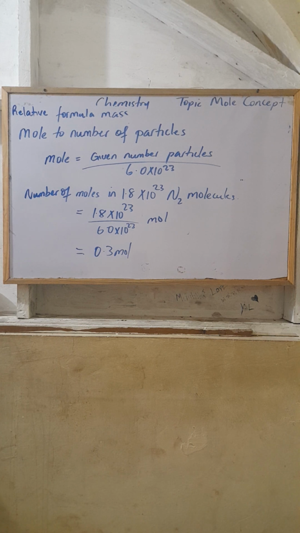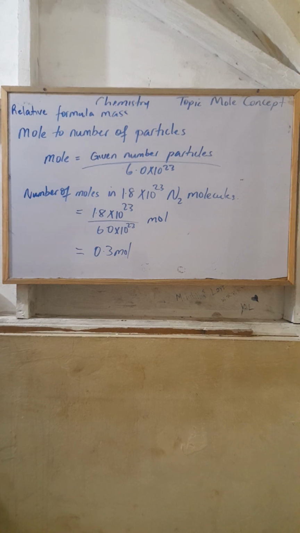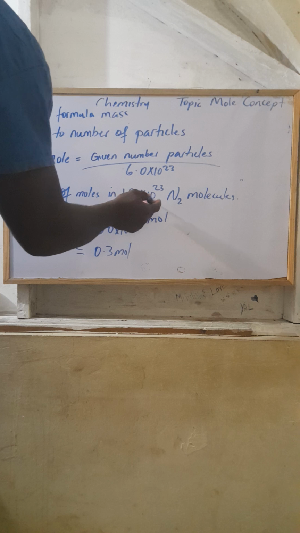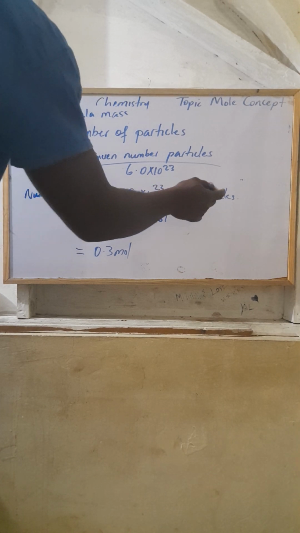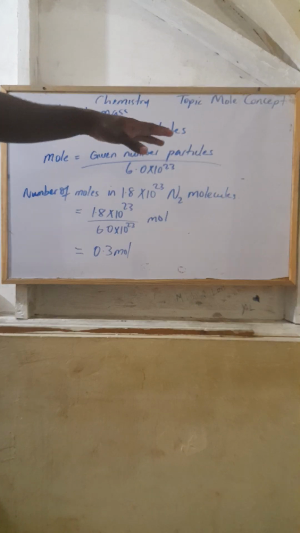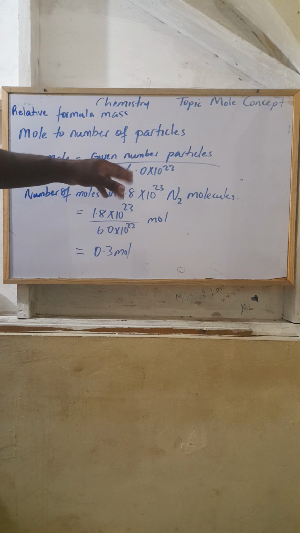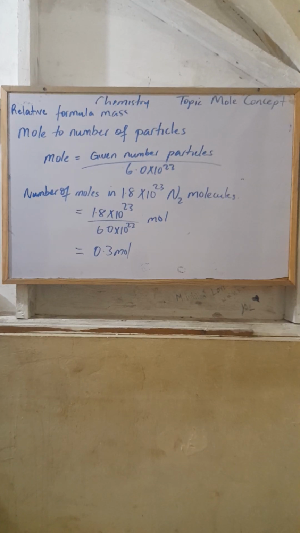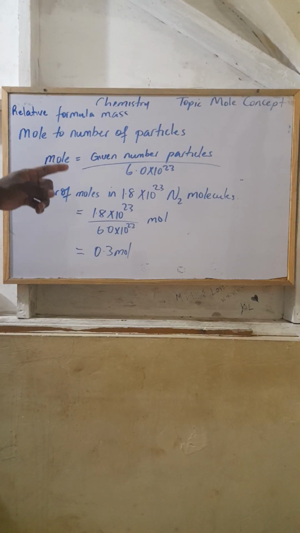The example on the board is nitrogen molecules. Number of moles in 1.8 times 10 to the 23 nitrogen molecules. Now, if 1 mole, as I said earlier, contains 6.0 times 10 to the 23 particles, then what we'll have to do is divide the given number of particles, 1.8 times 10 to the 23, by the number of particles in 1 mole, 6.0 times 10 to the 23.